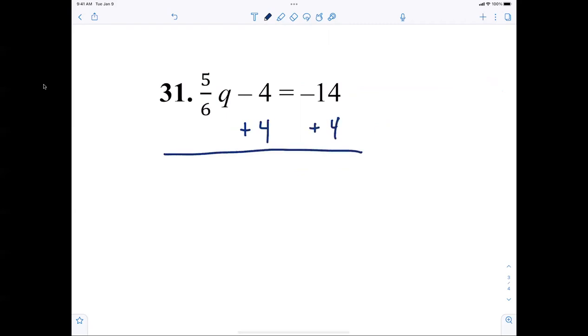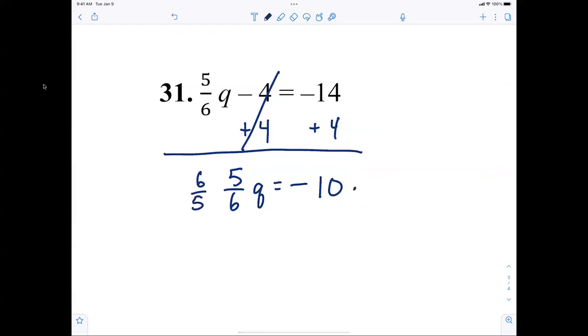The negative 4 and positive 4 cancel one another, and 4 plus negative 14, that's negative 10. What kind of 10? Negative. You put that in that 5/16, and you multiply by the reciprocal, which is 16/5.